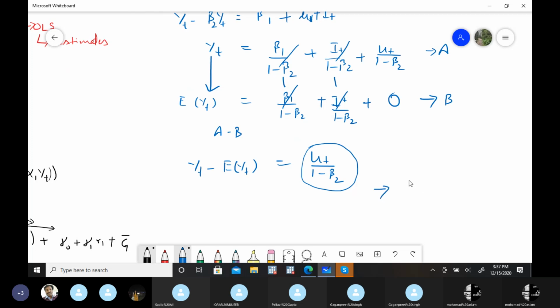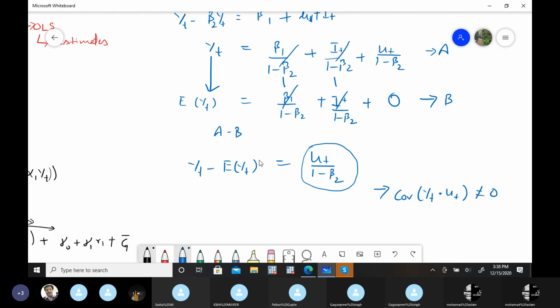Now, the covariance of these two terms needs to be 0. This is one of the OLS assumptions, that the residual term is uncorrelated with independent variables as well as with the dependent variable. But in this particular case, this is not the case.